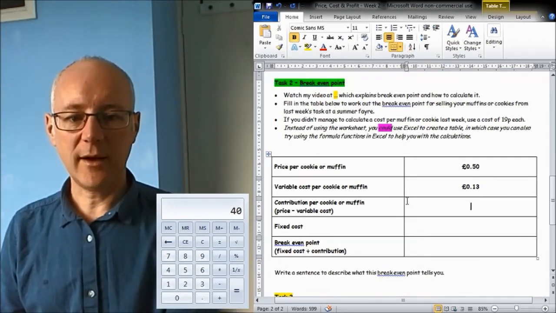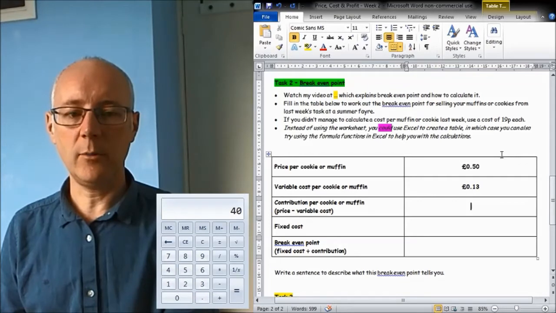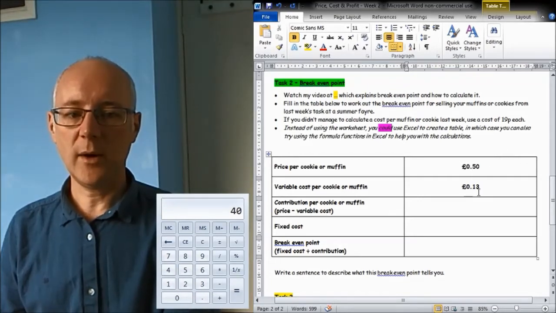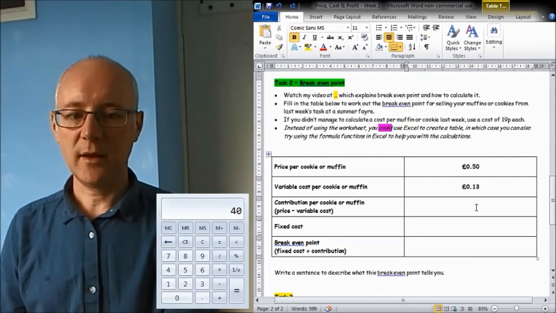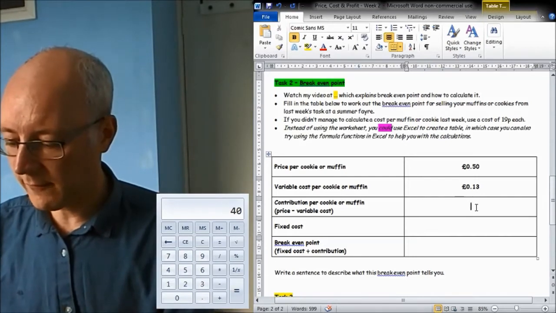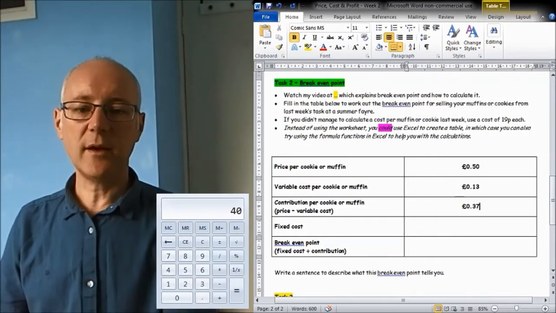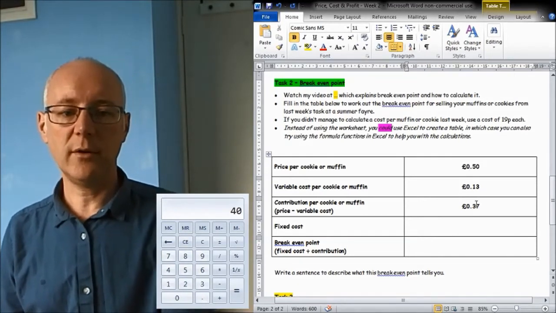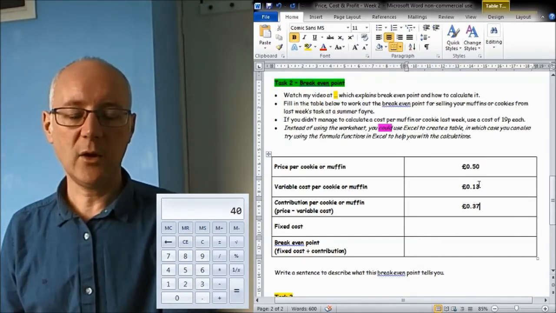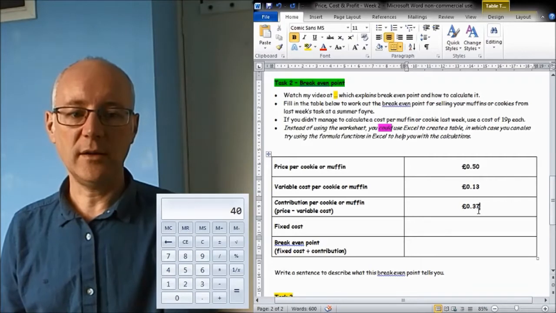So for that, I need to do the price, take away the variable cost. So 50 take away 13 pence, that works out to be 37 pence. Okay, and say if you want to use a calculator, then you're more than welcome to do so. I've not done that, but 50 take away 13 is 37 pence.